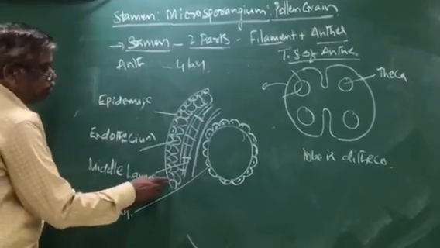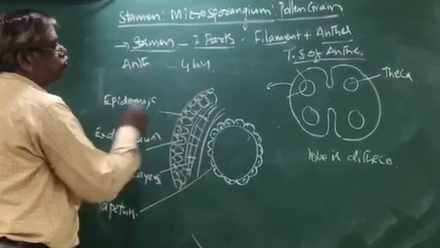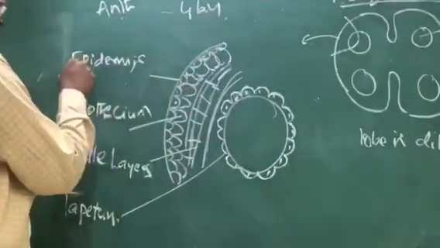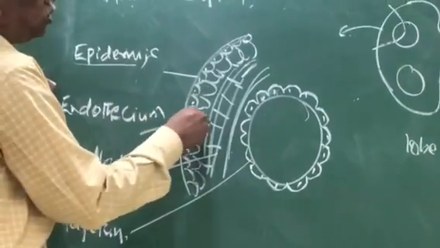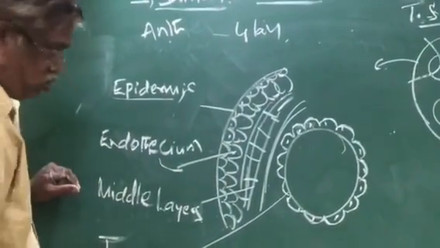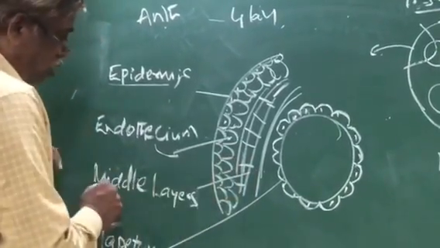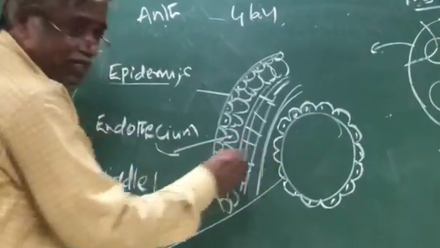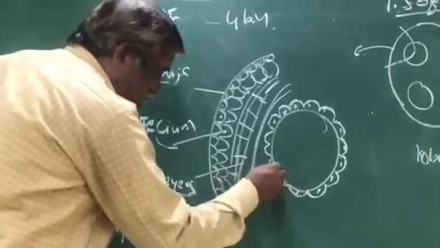See, it is a single layer, this is epidermis. Below the epidermis, another layer, endothecium. Now come to the middle layers. This is the middle layers. Now it is called tapetum.